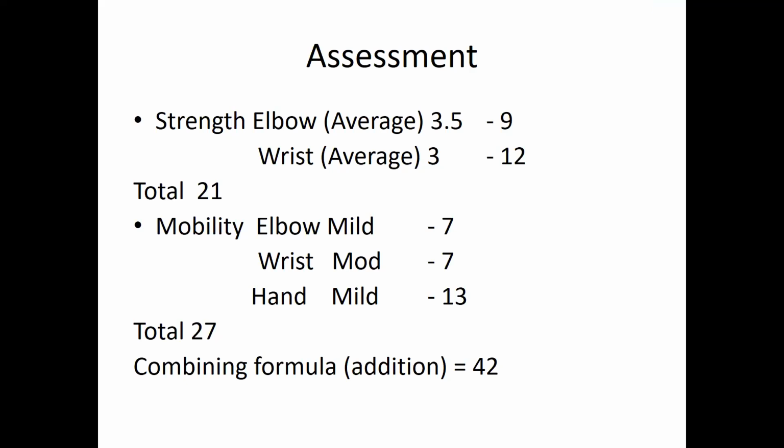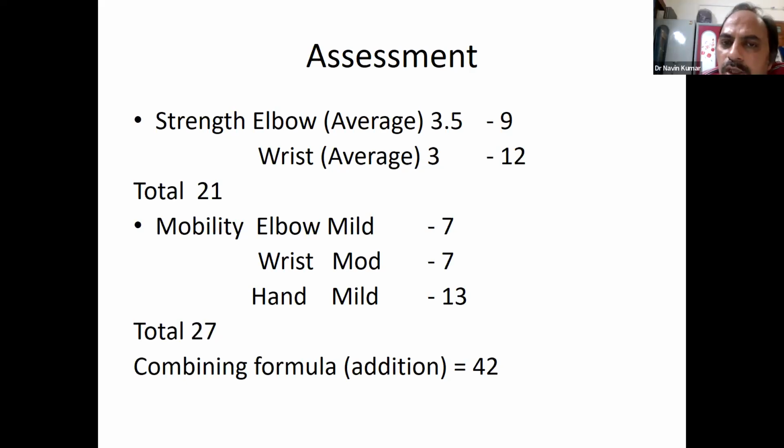Then wrist: again we calculated the average, we found 3, so the average loss is 40%. The weightage of wrist is 30%, so 30% of 40% is 12. So we directly add 9 plus 12, we get 21. So for strength, we have a calculated value out of 90, which is 21.